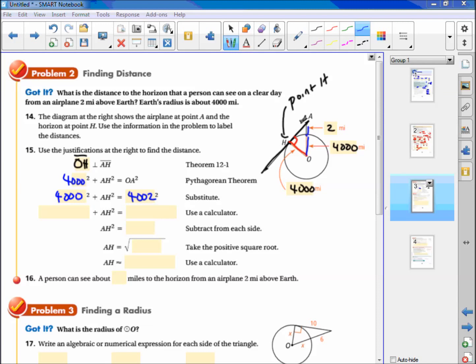So 4,000 squared is 16 million, and 4,002 squared is 16,016,004. Then we'll subtract it over to the other side and find out that that's going to be 16,004.